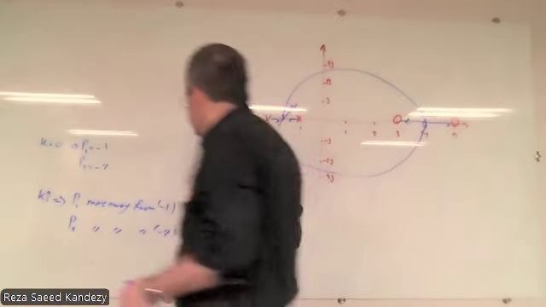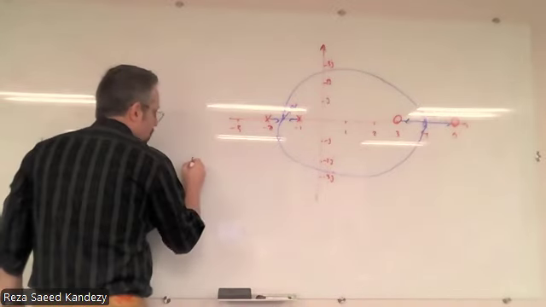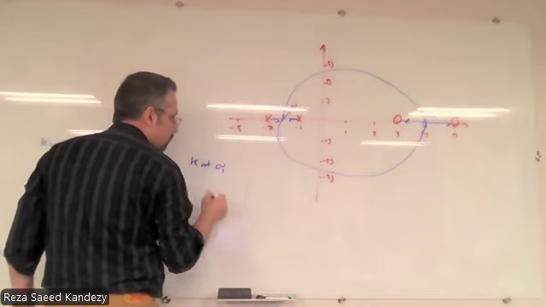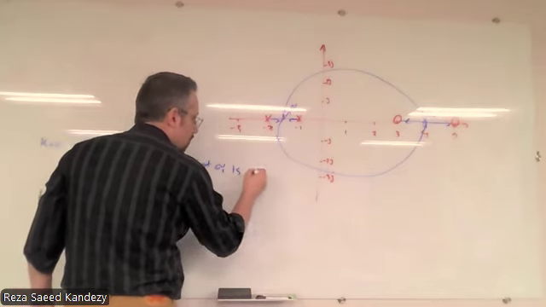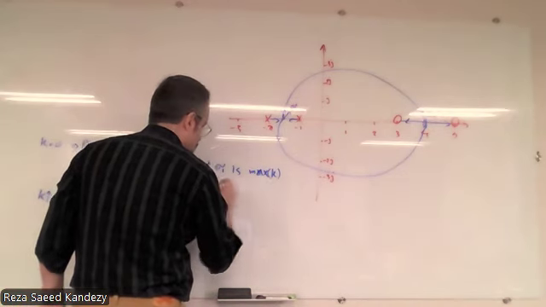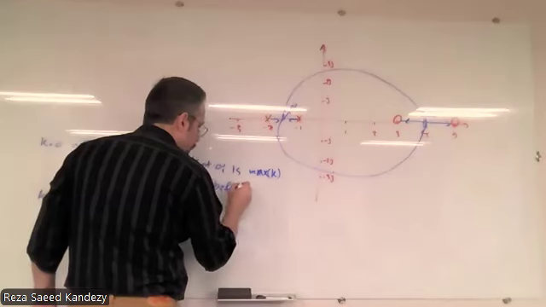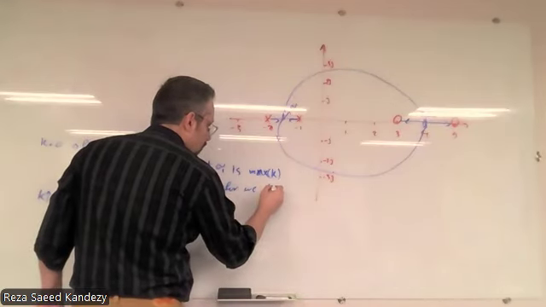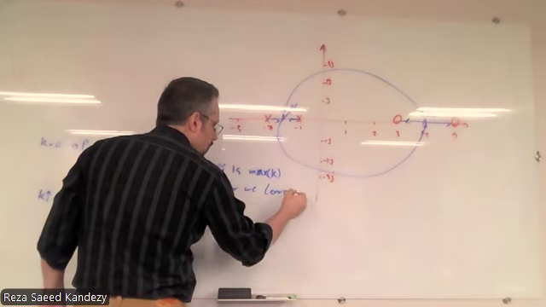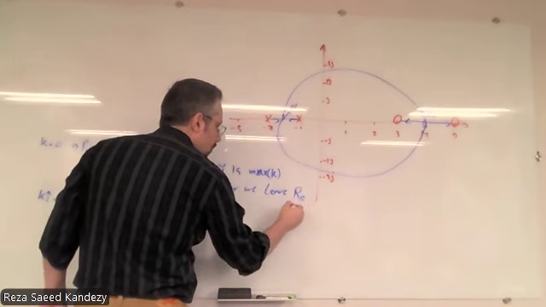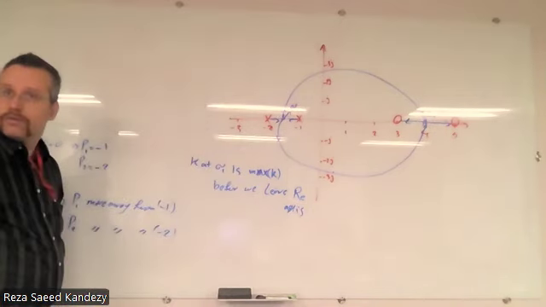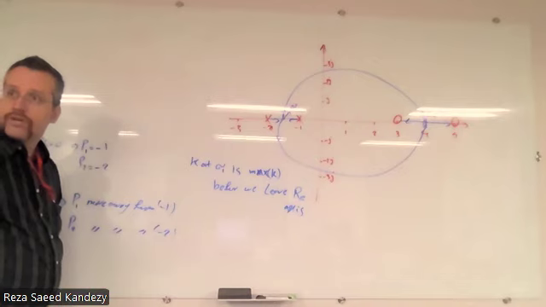Correct? So the k at delta 1 is the maximum k before we leave the real axis. Are we clear on that?